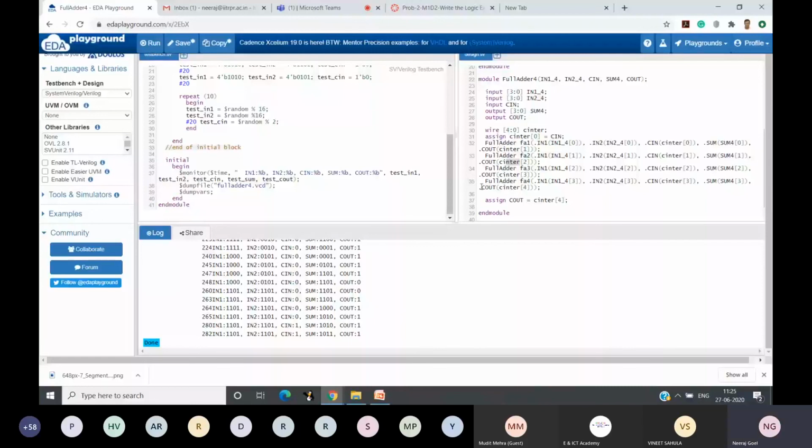And the output of FA3, C inter 4, is given as the input of FA4. So this way we are able to create 4 different instances of the full adder, and the interconnections or wires which we are connecting to those inputs and outputs are making the difference.